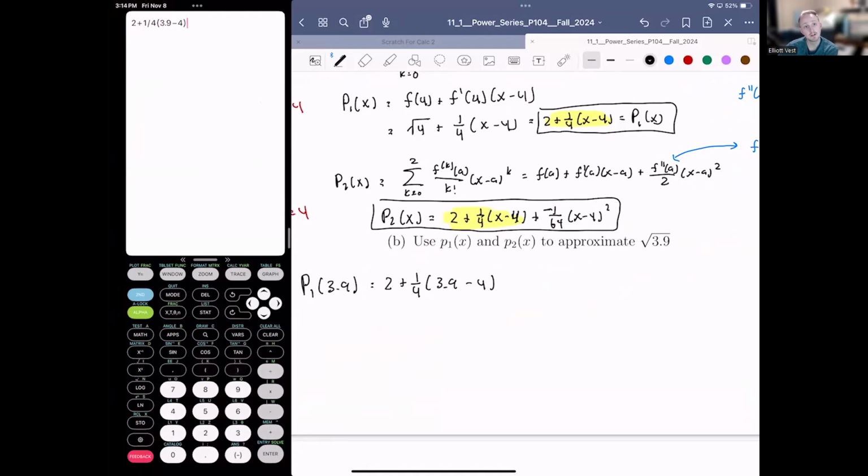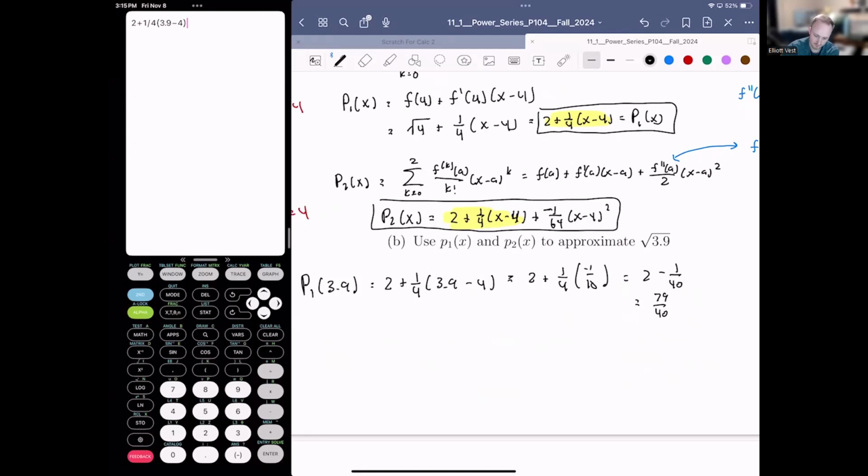Again, we could figure this out by hand. And actually, for this one, let's see if we can, because that's the point of this, right? To be able to do this without using any heavy duty machinery, right? 2 plus 1/4. This will be a negative 0.1 or a negative 1/10. Or this is 2 minus 1/40, which is 79/40 here.